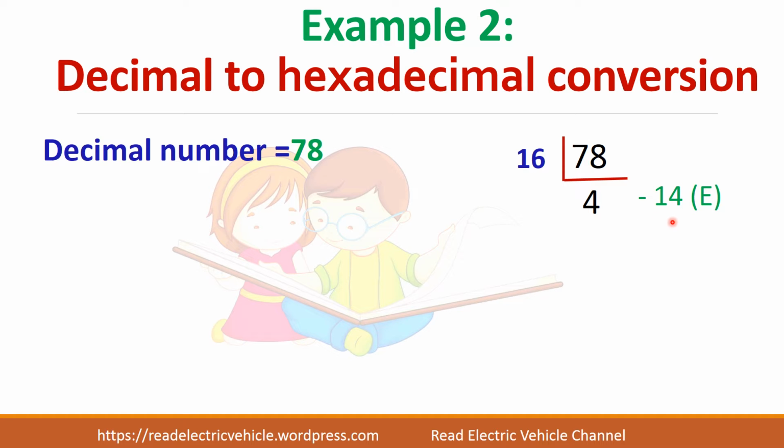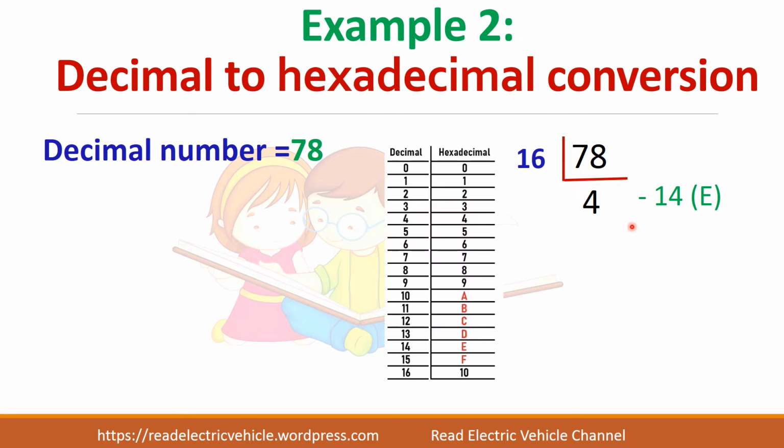We don't have 14 in hexadecimal. So what is the equivalent of 14 in hexadecimal? It is E. Instead of 14, you can write E. So the answer is 4E.